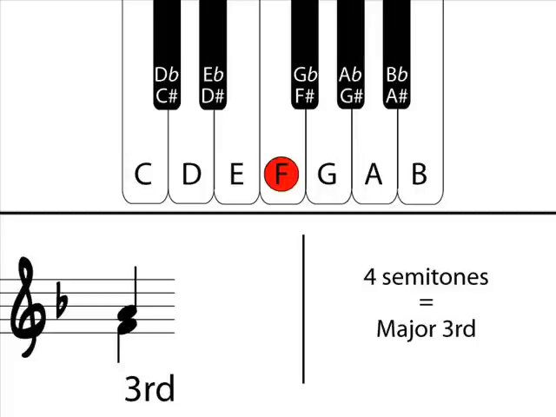Now let's compare it to our interval. Here's the F. To F sharp it is 1 semitone, to G is 2, G sharp is 3, and to A is 4. This is exactly the same number of semitones as the major third in C major. Therefore, as the semitone difference is exactly the same, we can also call our interval a major third.